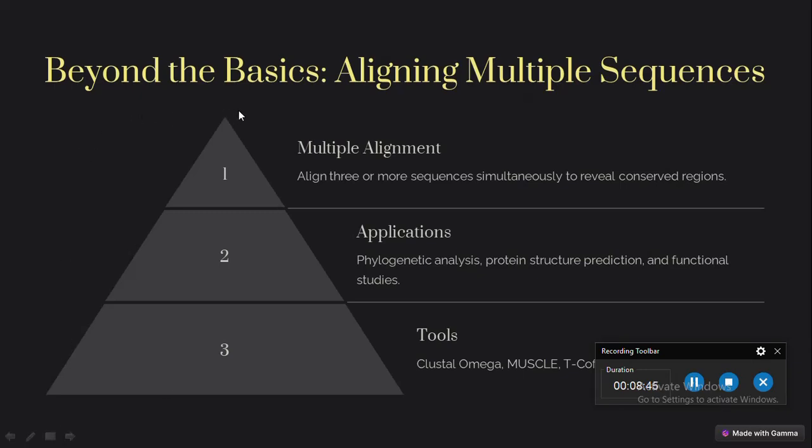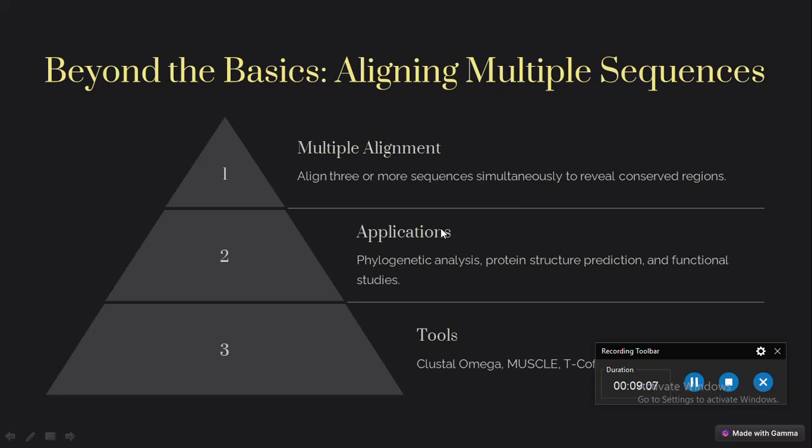Beyond the basics of alignment, we can align multiple sequences. In multiple alignment, we align three or more sequences simultaneously. The aim is to reveal the conserved regions.